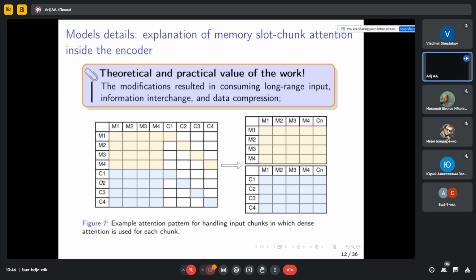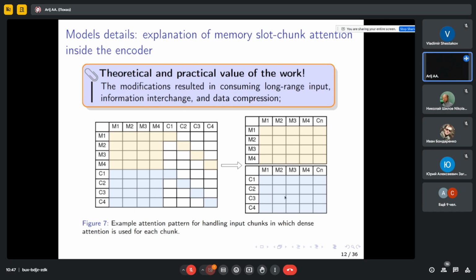And each chunk has access to all memory slots and the tokens of the chunk itself. This allows for information interaction between the chunk and other chunks through the memory slots, and this is what I mean by information interchange. For the data compression, as I said here, it goes through the access from the memory slot into the related chunk. So this is the overall imagination.